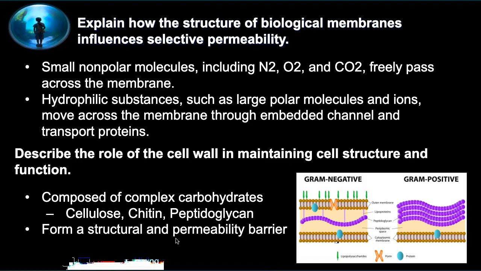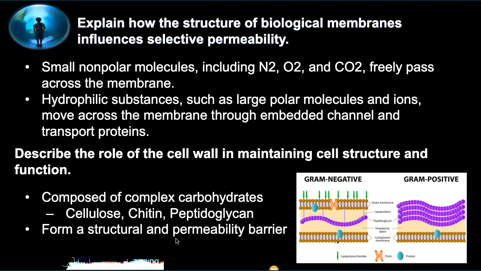Hydrophilic substances or large molecules, so if they're polar or large hydrophilic, they need an ion channel to pass through. If they're too large to fit through the pores, they need a transport protein simply because they're too large. If they're charged ions, they have to go through a channel because they would be repelled by the hydrophobic interior, right? So polar molecules need channels for that purpose.